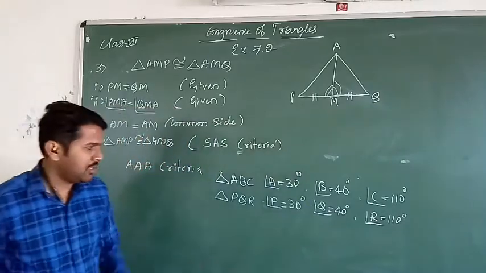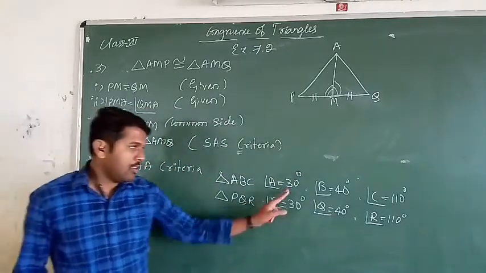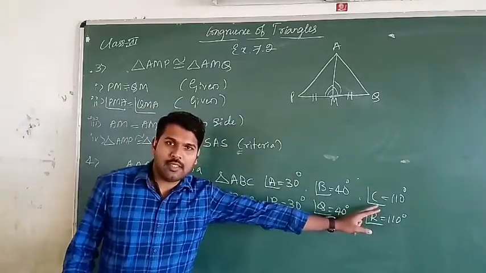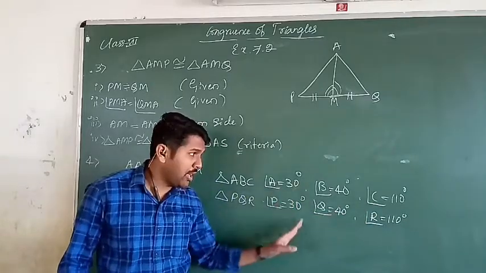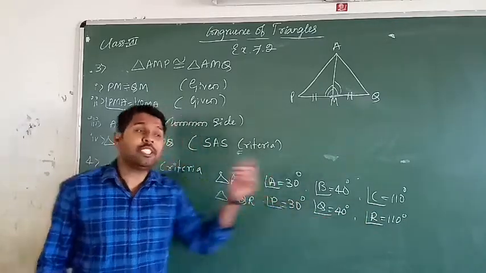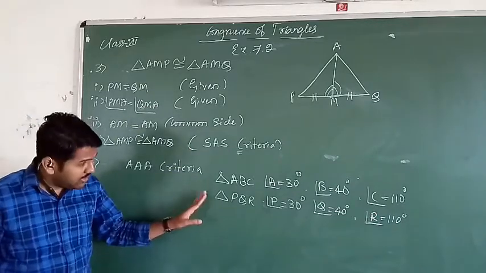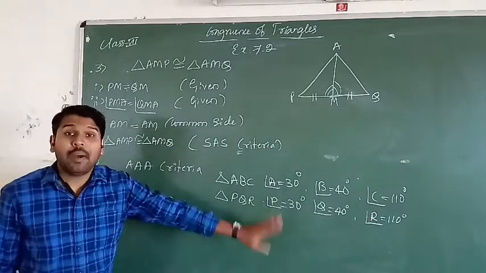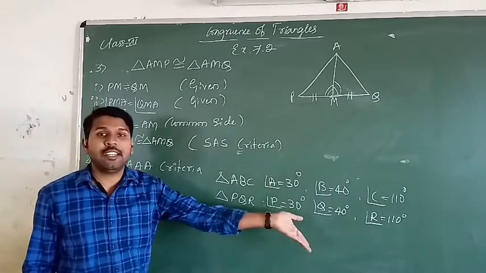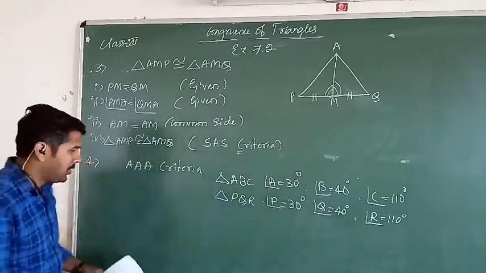So in these two triangles, angles are equal, isn't it? So corresponding angles are also equal. So by which criteria? AAA criteria. This is possible. These two triangles may be similar, but sides may be different, isn't it? Sides may be different. So check it here.